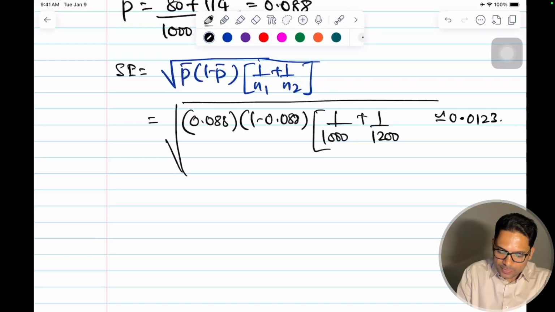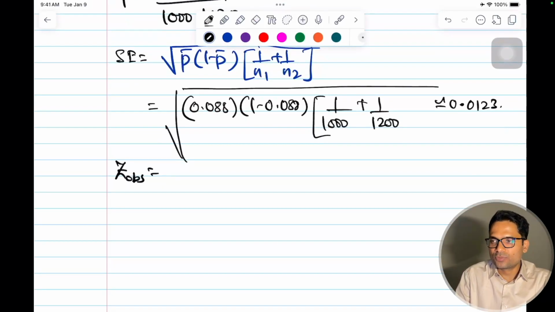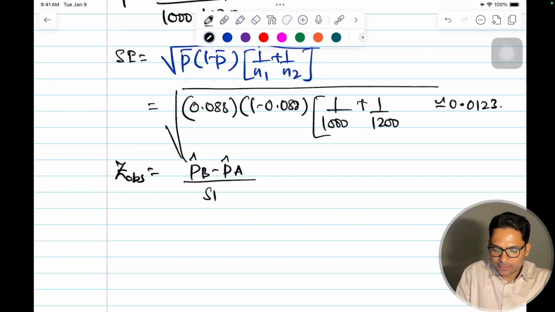And then finally my z observed, or t observed. If I talk about the test statistic, generally it is z observed. Whatever test statistic I'm measuring, this should be equal to, because I'm measuring whether PB is greater than PA or not, divided by the standard error.